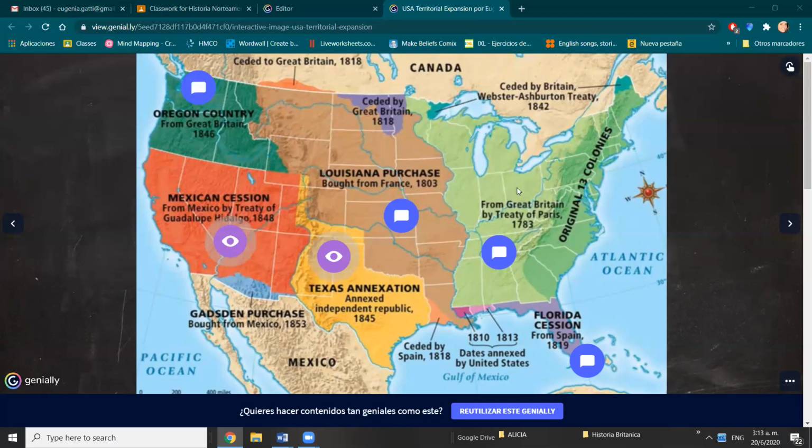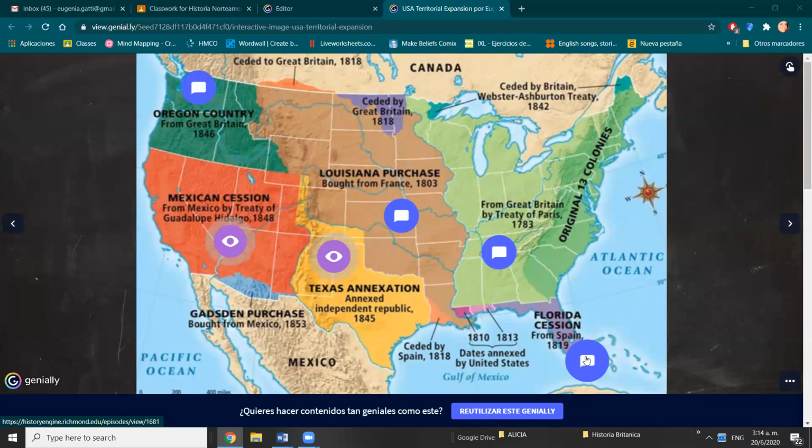Advancing in time and trying to make up this puzzle that the USA is, you will read on your own by clicking here how Florida was obtained.